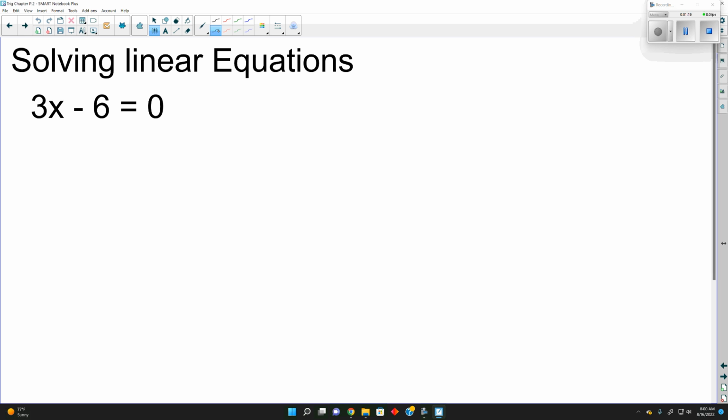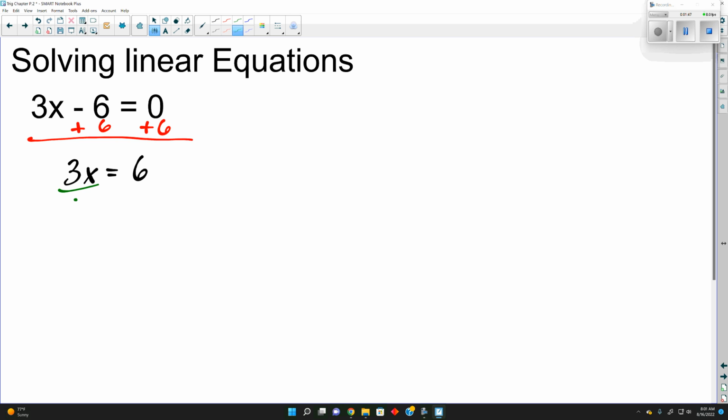Now, probably you already know the answer to this one, because if we're going to solve this linear equation, we have an equation where the degree is linear, and we just want to get x by itself. So the first thing we can do here is add 6 to both sides. After we add 6 to both sides, it'll tell us that 3x is equal to 6.